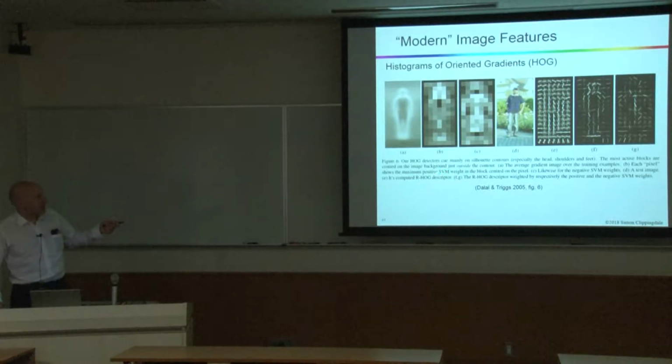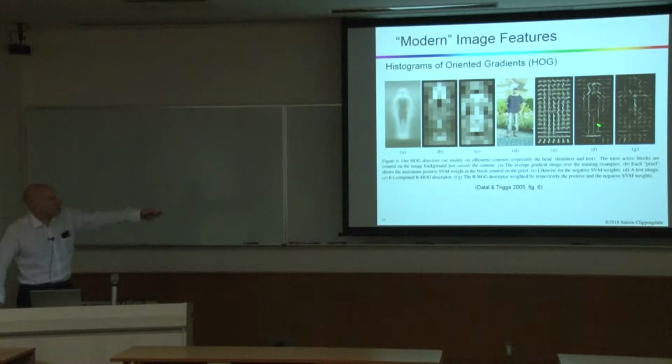The SVM here is a support vector machine, which we'll do when we get on to machine learning. But essentially, the support vector machine learns the statistical distribution of these orientations for the situation where there is and where there is not a person in the image.